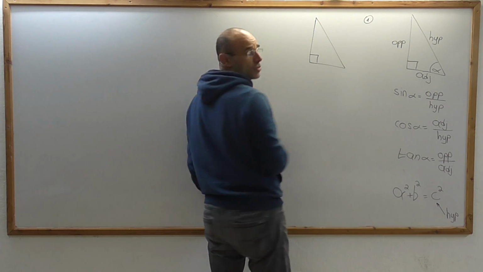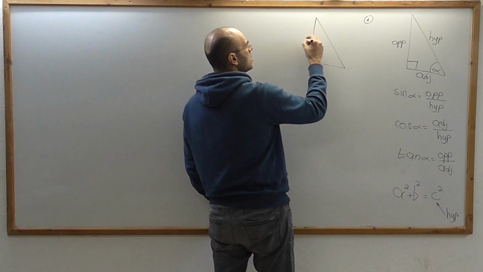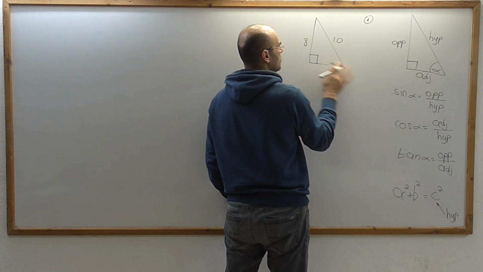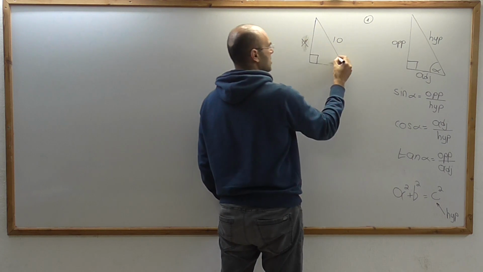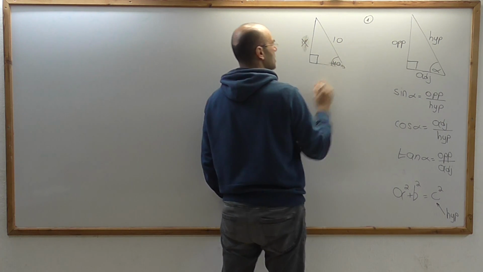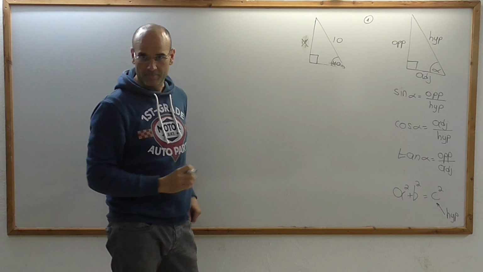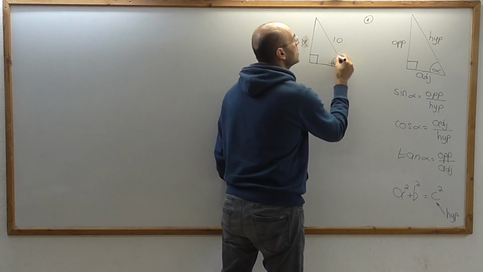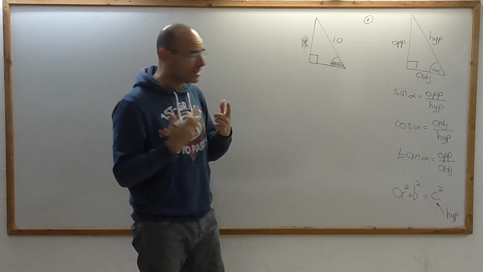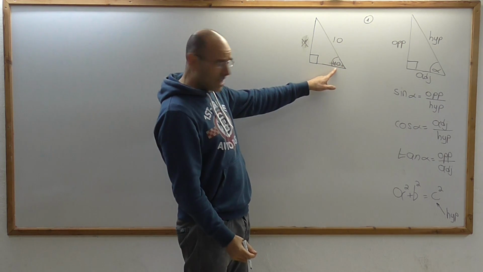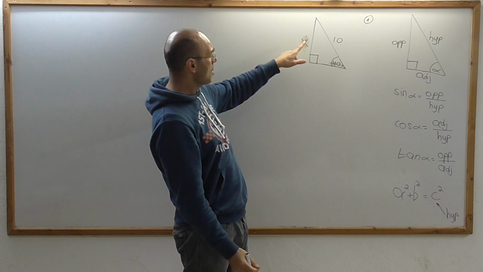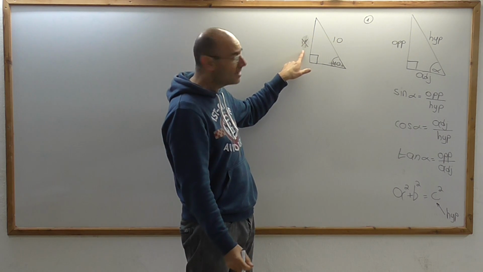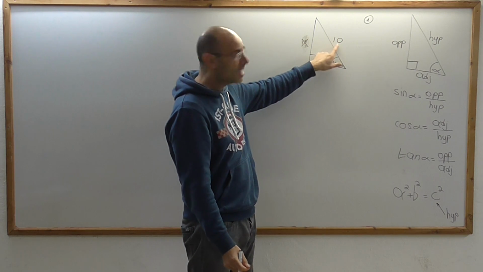Okay, example number 1. Suppose I have this right triangle. This is 8, this is 10, this is x, this is 40, and I want the x. So how do I calculate it? I say to myself, I have this angle, I have the opposite side, and I want the opposite side, and I have the hypotenuse.